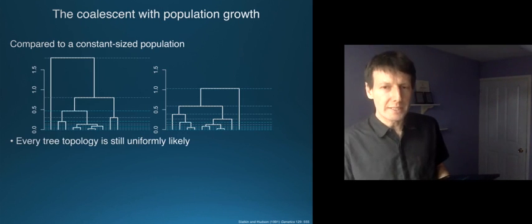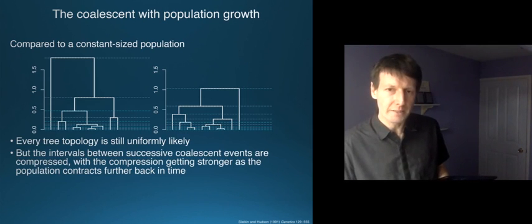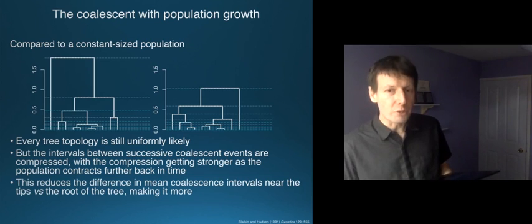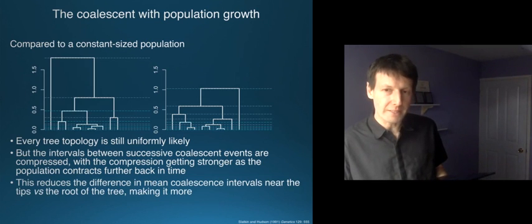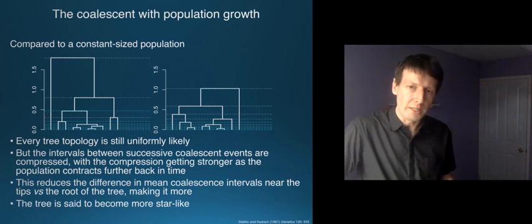Every tree topology is still uniformly likely. As I've said, the intervals between successive coalescent events are compressed, and the compression gets stronger as the population contracts further back in time. And so that reduces the difference in mean coalescence intervals near the tips versus the root of the tree, and the tree is said to become more star-like.